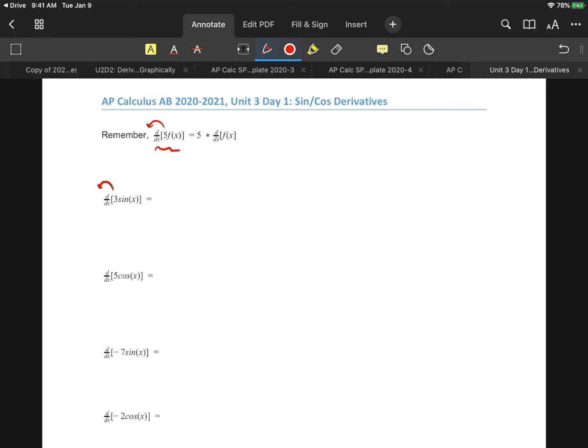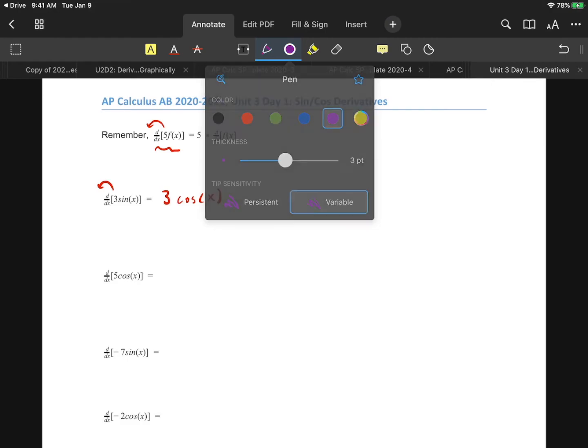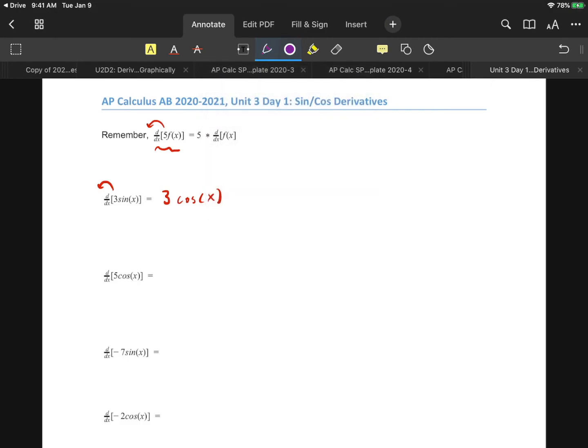What that means here is if I ask the derivative of 3 sine of x, it's just going to be 3 times the derivative of sine of x, which is cosine of x. If I ask for the derivative of 5 cosine of x, it's going to be 5 times the derivative of cosine, which is negative sine of x.